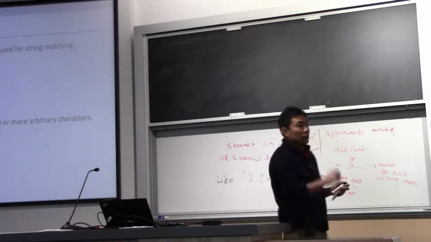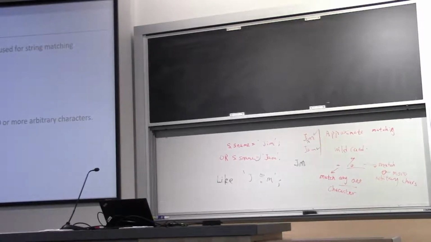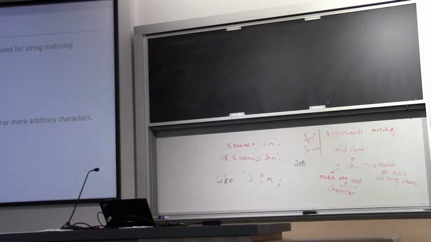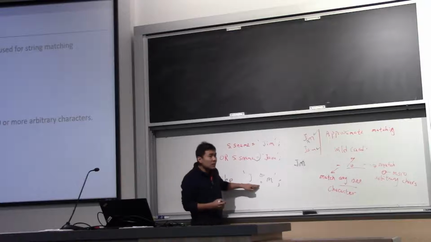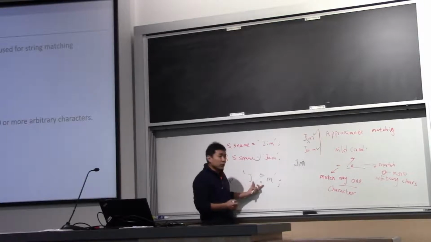Question over there? What if, for some reason, you need the actual character percent in your string? You mean I need exactly 2 or 3 characters in between J and M? Then you use multiple underscores. No, I mean, is there a way to escape, like say I'm looking for the actual string J percentage M? Oh, I see. So you escape that. There's a way. There are different ways for different data.